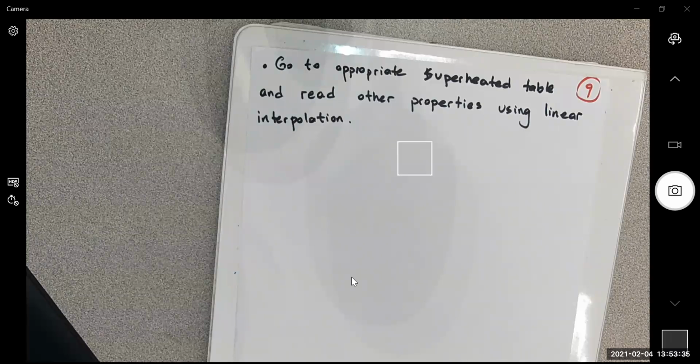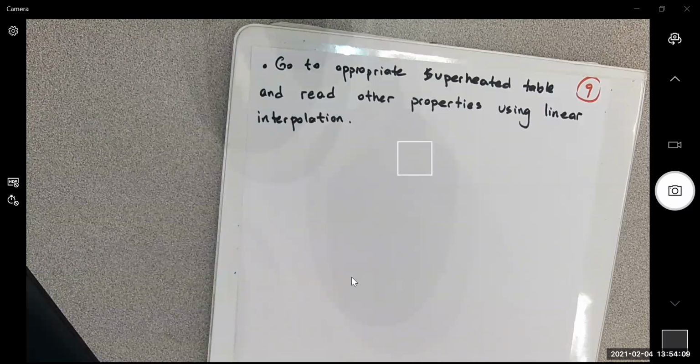Knowing your second known property, specific volume, internal energy, enthalpy, or entropy, you determine your other properties. In this case, you can determine your temperature by using linear interpolation. Linear interpolation is just finding the fraction of that property value. We will go over this again and again for the rest of the semester. This is very crucial.